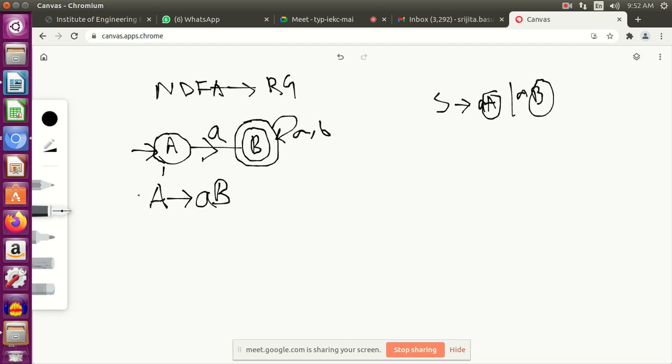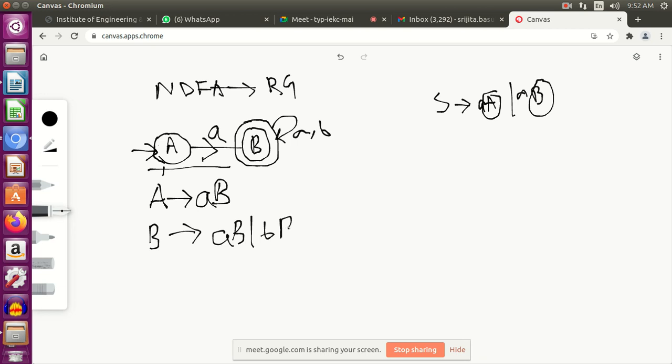We are in the non-terminal symbol A, and then we can move to another non-terminal symbol B with the terminal symbol a. So this part can be converted to this part. What about this part? Similarly, this part can be written as B, and then you have a self loop, right? So you have B goes to aB or bB.